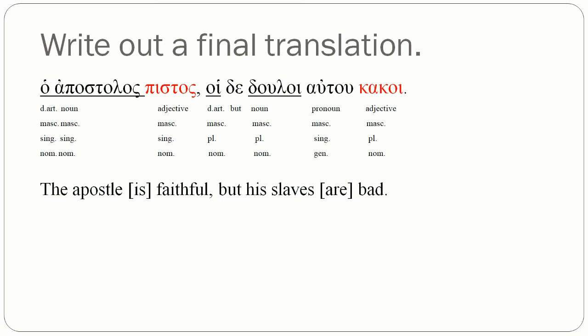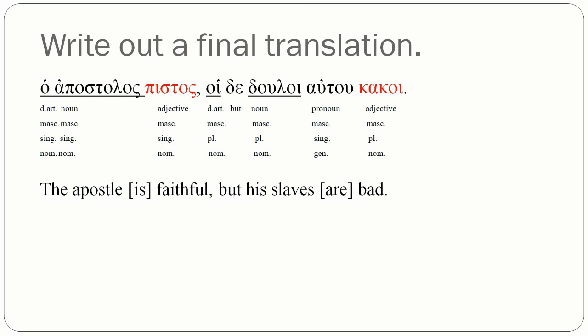So now when we go to use the final translation, remember back to chapter 6. Okay, if you have an article and a noun, ha apostolos, and then an adjective which is standing outside of that article noun group, you have a predicate adjective. The way you translate a predicate adjective is you supply a form of to be, and then that's what the adjective is.